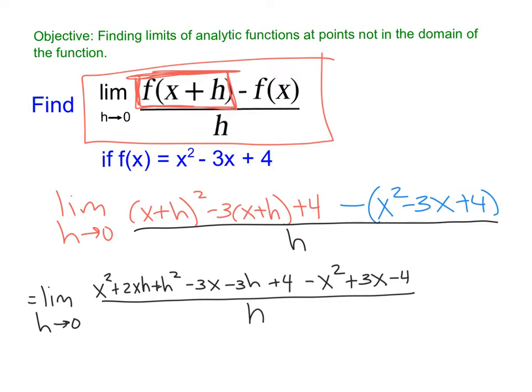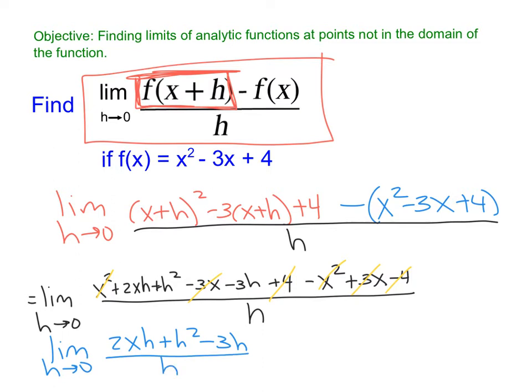Go through and find stuff. Stuff's going to cancel. My x squareds cancel, my 3x's cancel, and my 4's cancel. So we end up getting the limit as h approaches 0 of 2xh plus h squared minus 3h all over h.